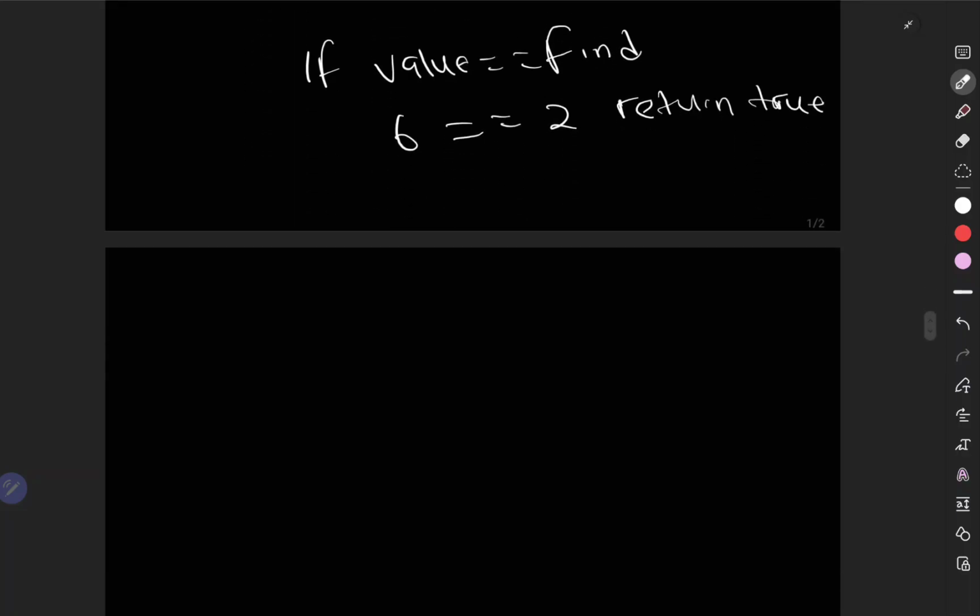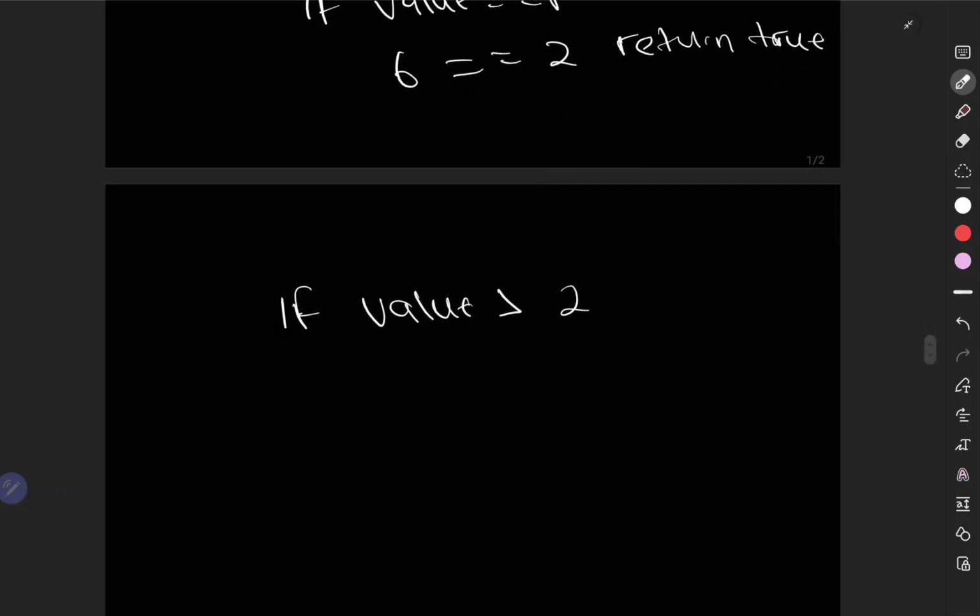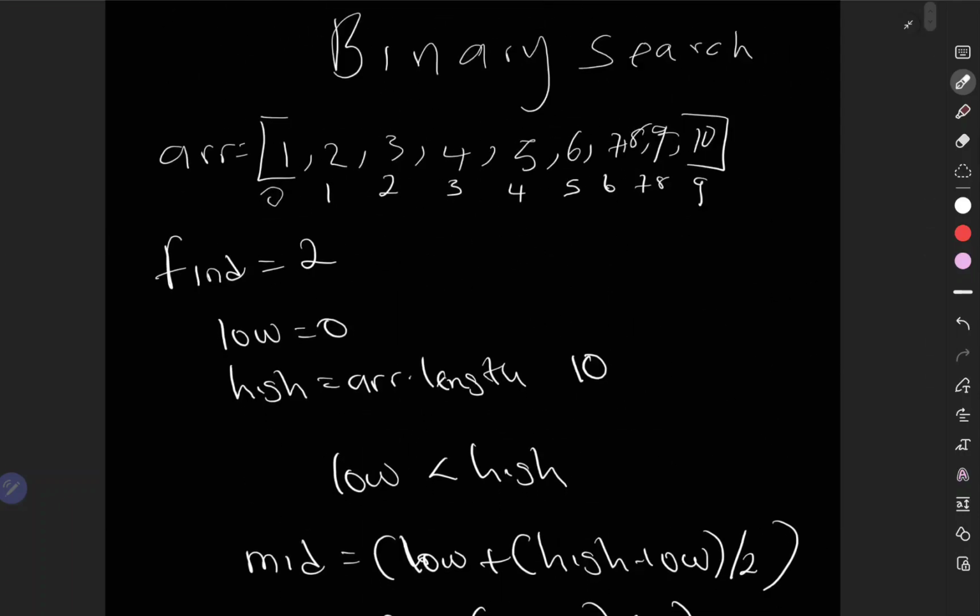Then we go on to the next one, which is if the value is greater than 2. Here we know 6 is not greater than 2. So by saying 6 is not greater than 2, we know for sure that the value we are looking for is within this place, from index 0 to index 5.